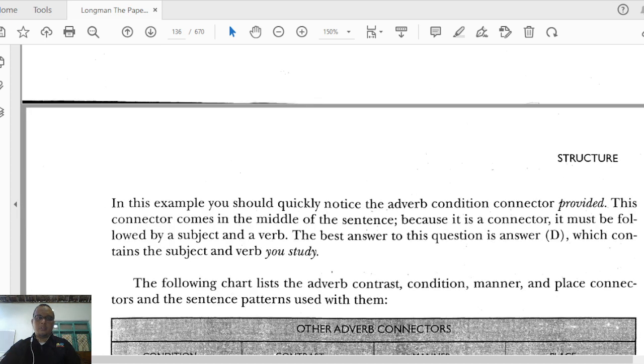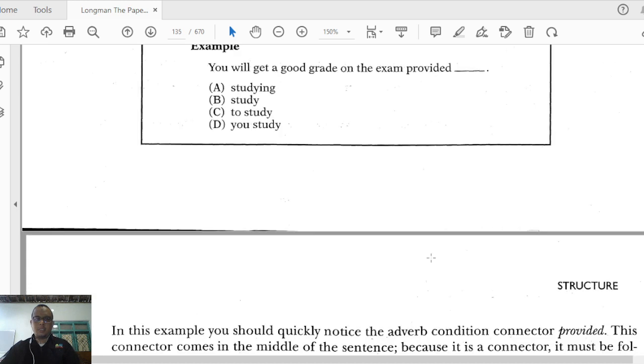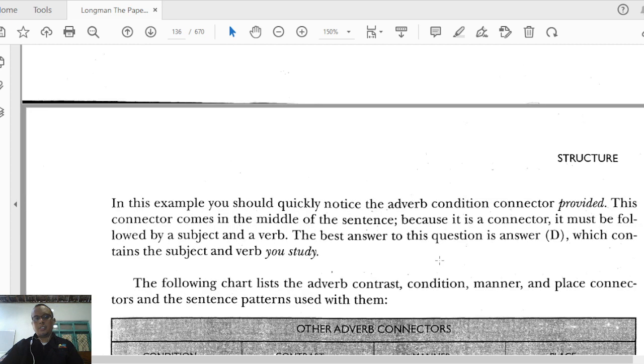So in this example, you should quickly notice the adverb condition connector provided. This connector comes in the middle of the sentence because it is a connector. It must be followed by a subject and a verb. The best answer for this question is D, which contains the subject and verb you study.